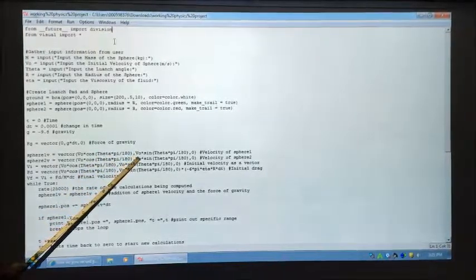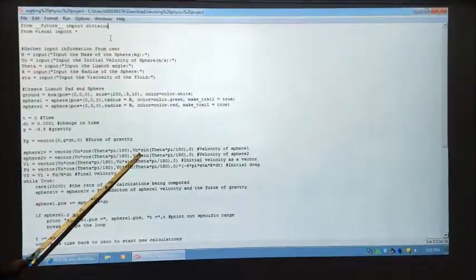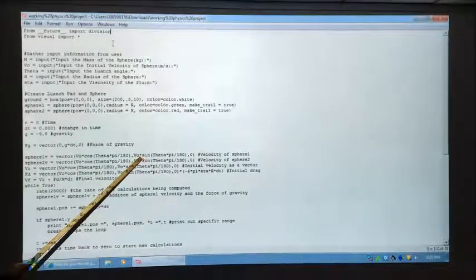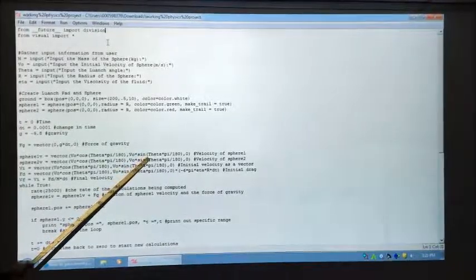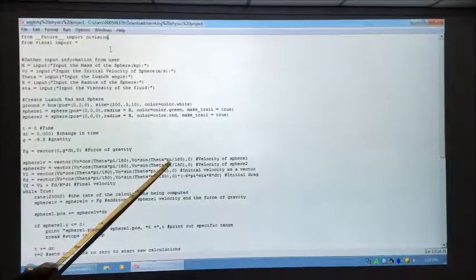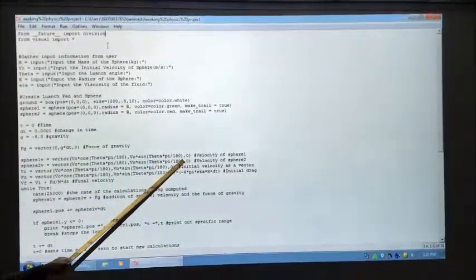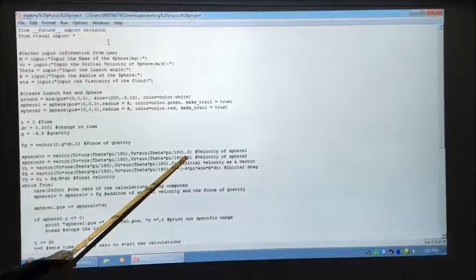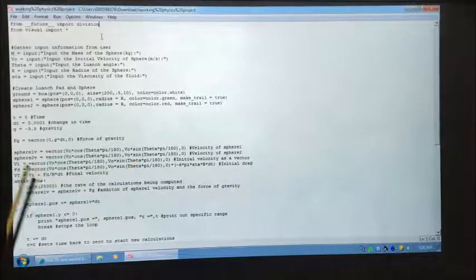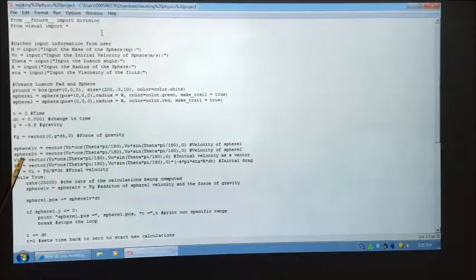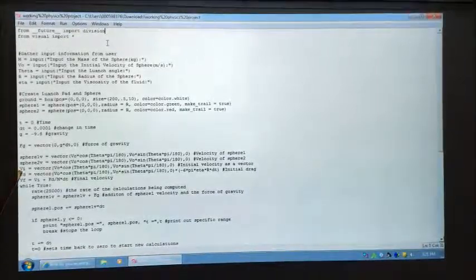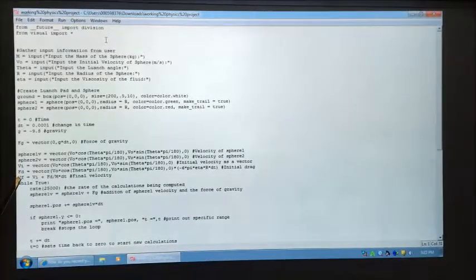And for y, it's v naught times sine theta, which is also multiplied by the conversion factor pi over 180. And the k value is 0 because this is in 2D, not 3D. And the same applies for the velocity of sphere 2 and the initial velocity.